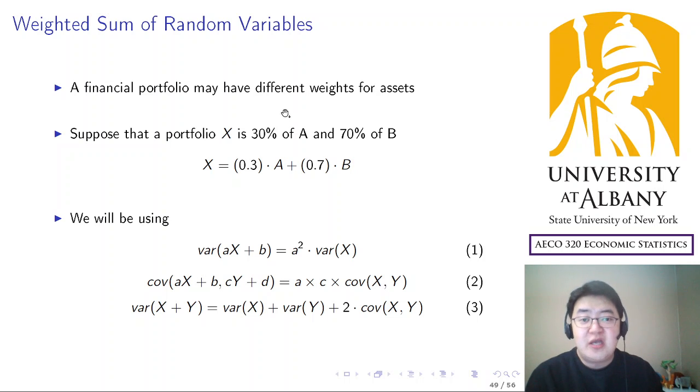In theory, in finance, the major tuning parameter is the weight: how much of your money is going to a certain asset. When we say a portfolio, it usually sounds like 30% of a stock and 70% of some other stock or bond, whatever. So it usually goes with percentages, probabilities.